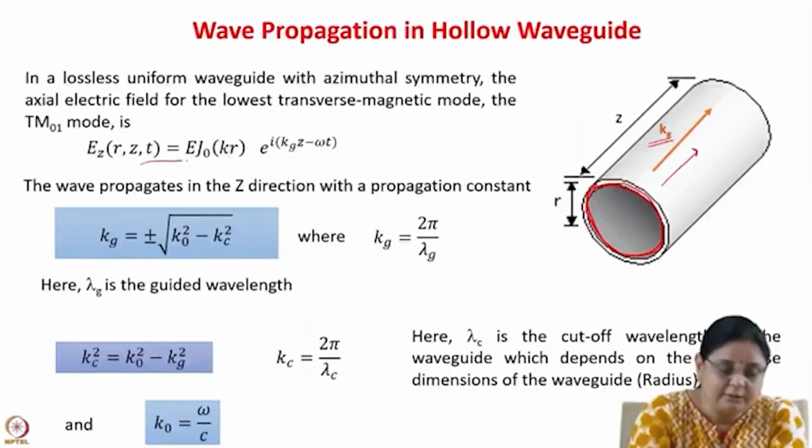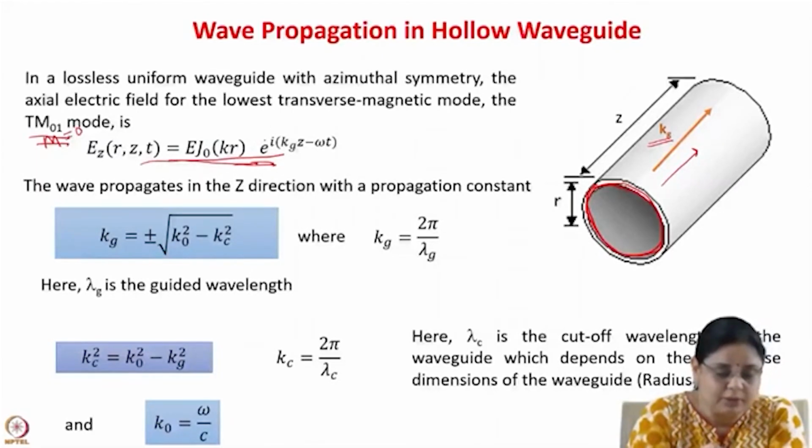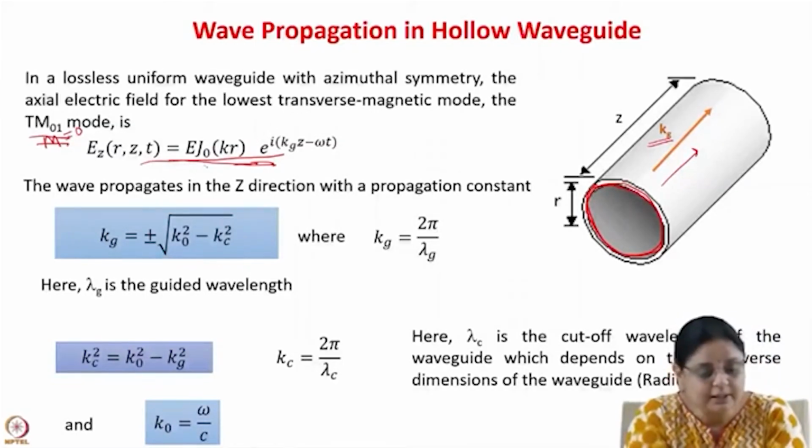So the electric field component Ez for the TM01 mode can be written like this. Here m is equal to 0, so the cos m theta has gone to 1. So we have Ez written as E J0(kr), and it is a propagating wave in the z direction.